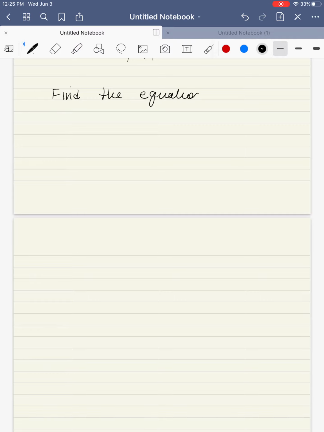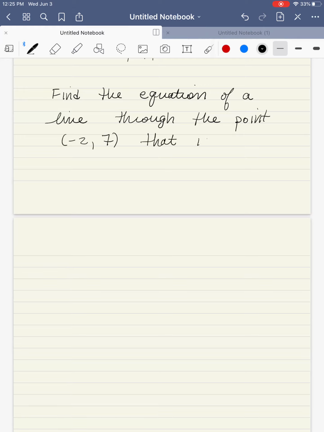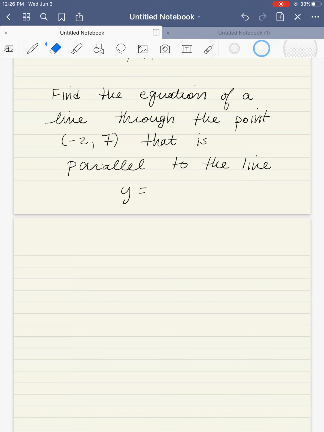Let's say that I want to find the equation of a line through the point -2, 7 that is parallel to the line 2x minus 5y equals 11.